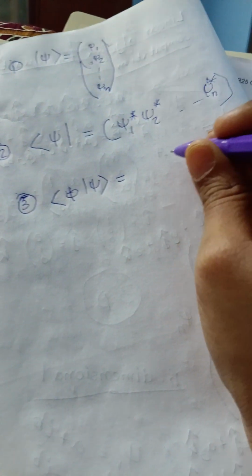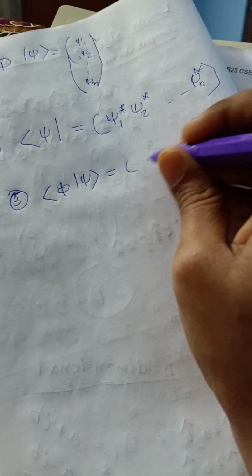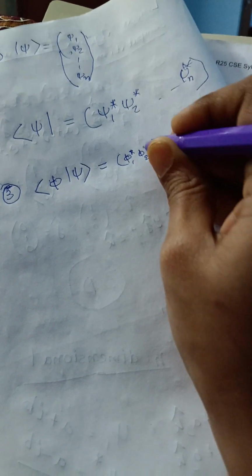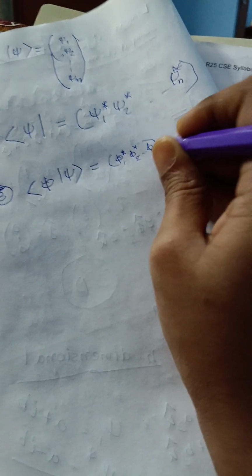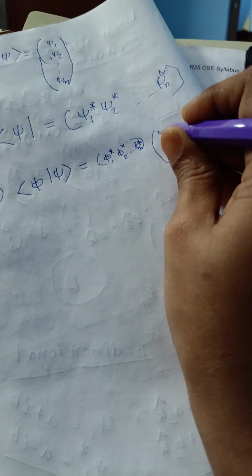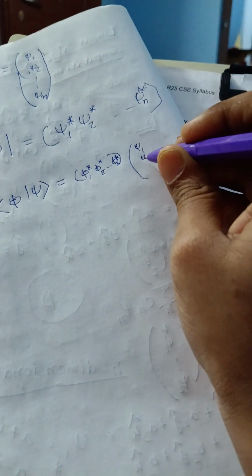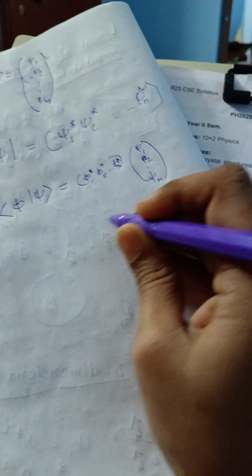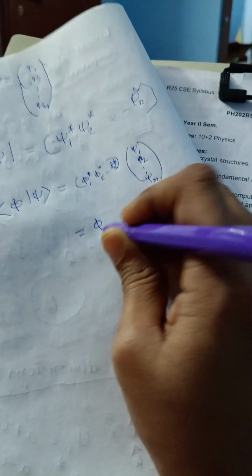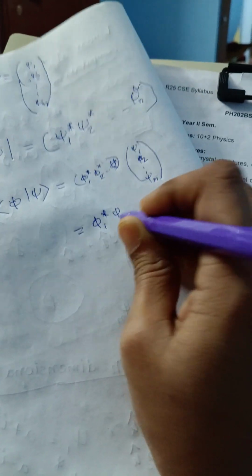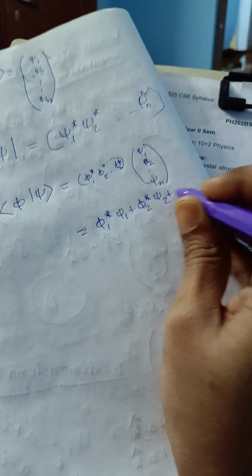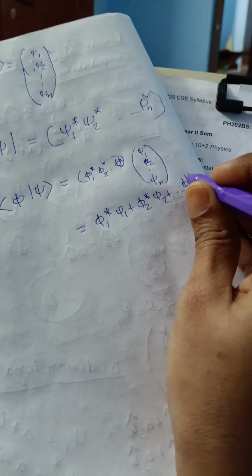That is nothing but the multiplication of the row phi 1 star, phi 2 star, up to phi n star with the column matrix psi 1, psi 2, up to psi n, and it will be given by a scalar quantity: phi 1 star psi 1, plus phi 2 star psi 2, plus up to phi n star psi n. So this is the third point.